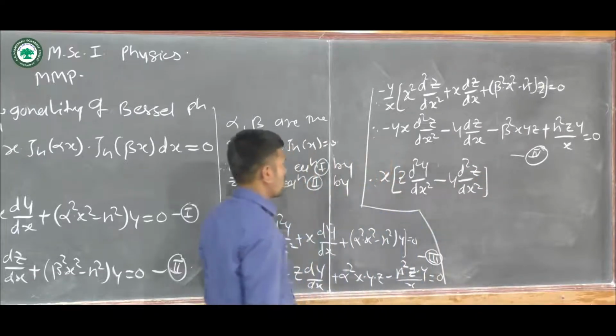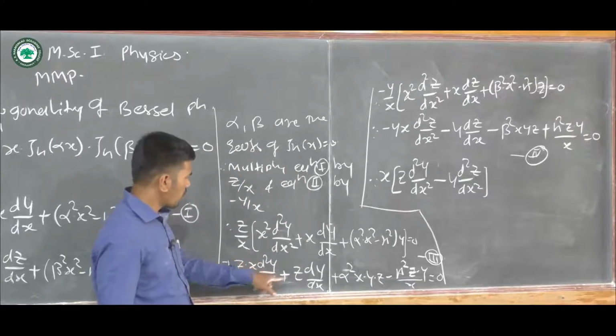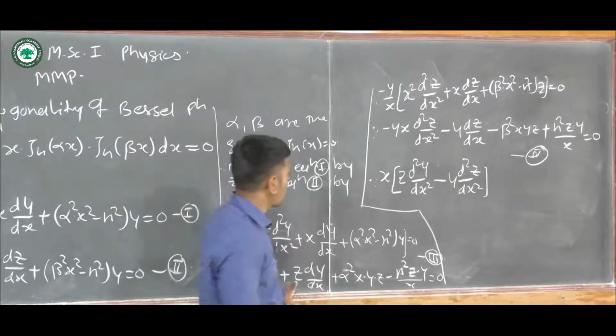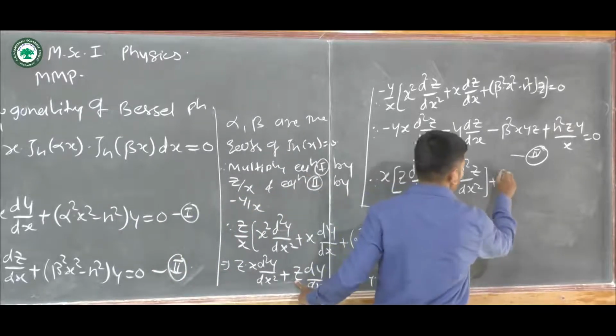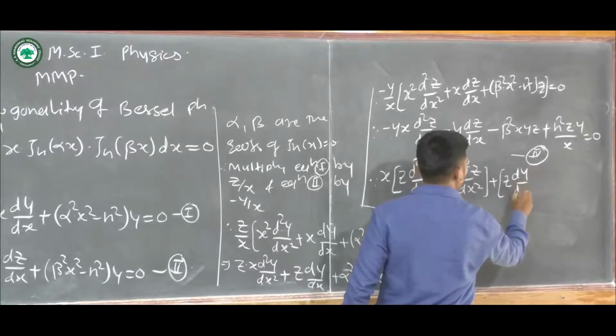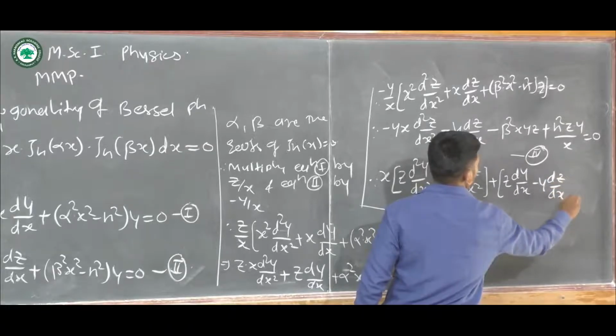Okay, this is the first terms of these two equations. Then the next terms, if I add this, then the z into dy by dx minus y into dz by dx.